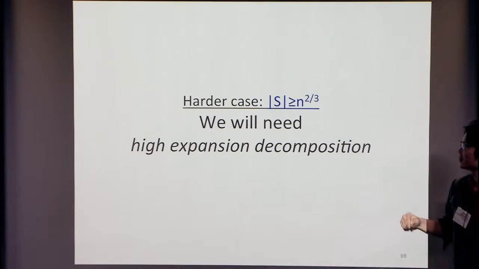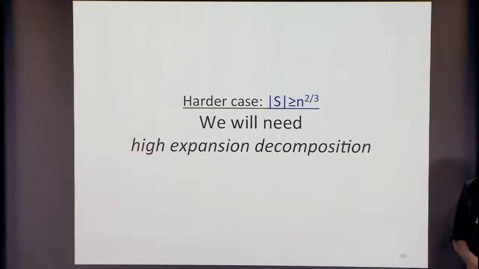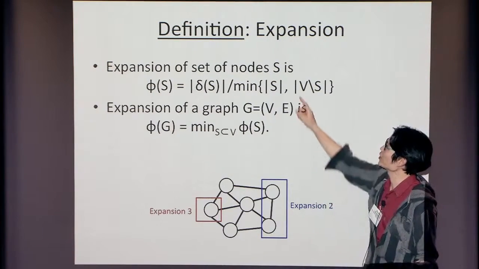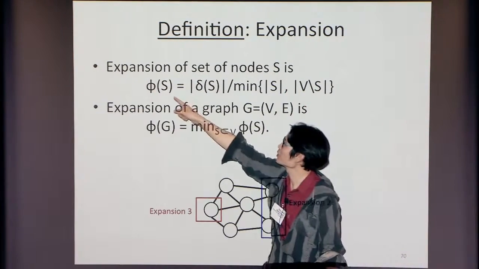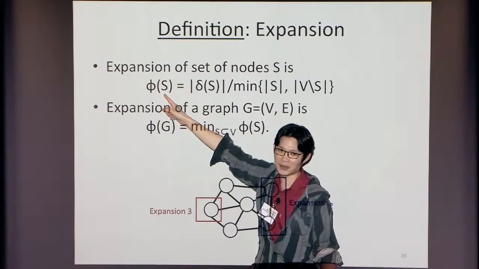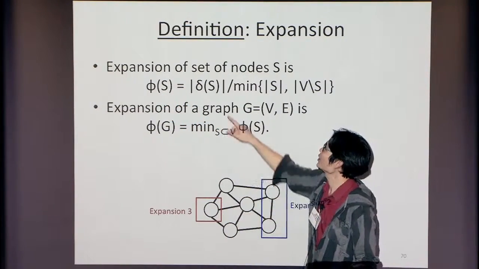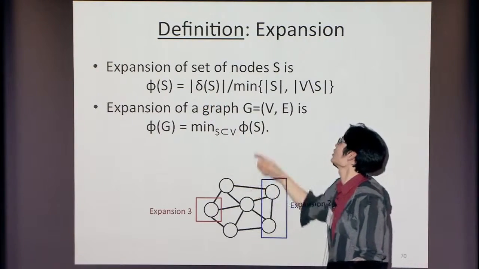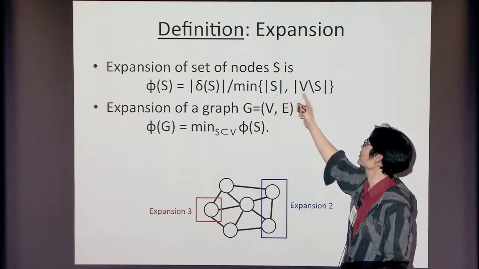And for here, we need something called high expansion decomposition. So what is high expansion decomposition? I have to define something first. If you have a set of nodes S, then the expansion of the set, denoted by phi of S, will be the size of the cut from S to S bar, divided by the minimum between |S| and |V minus S|.